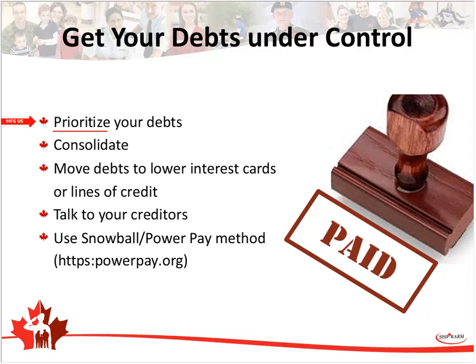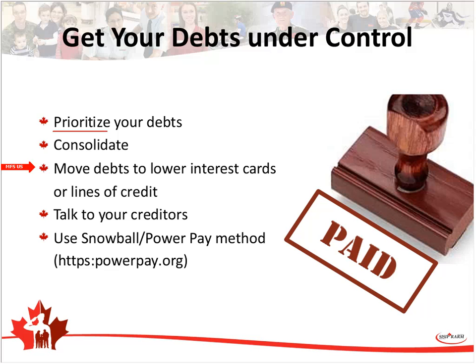Consolidate. Sometimes an option is to consolidate your debts with the bank, a consolidation loan. It's not always the best option, but something to consider. If you have a bunch of debts floating around and you have room on lines of credit or credit cards, sometimes it's best to move higher interest debts to lower interest cards or lines of credit.